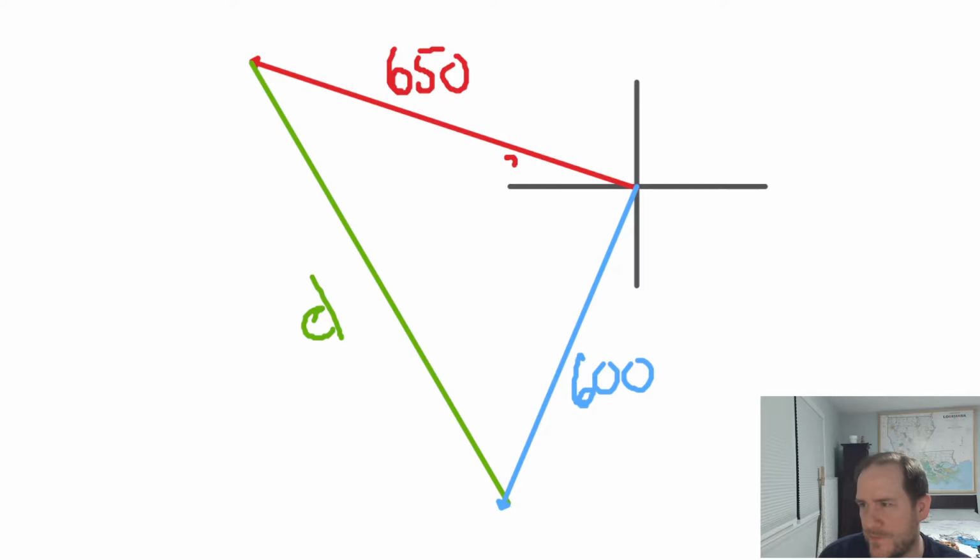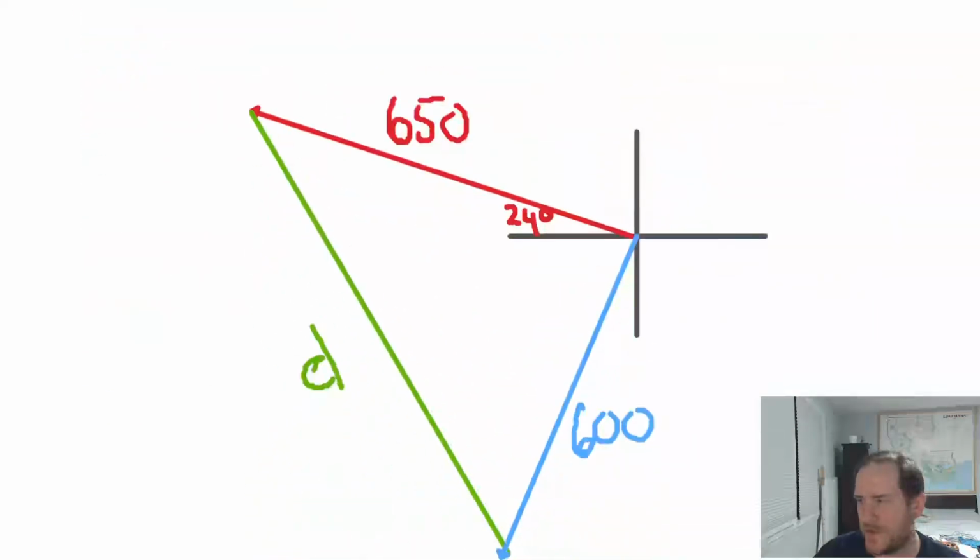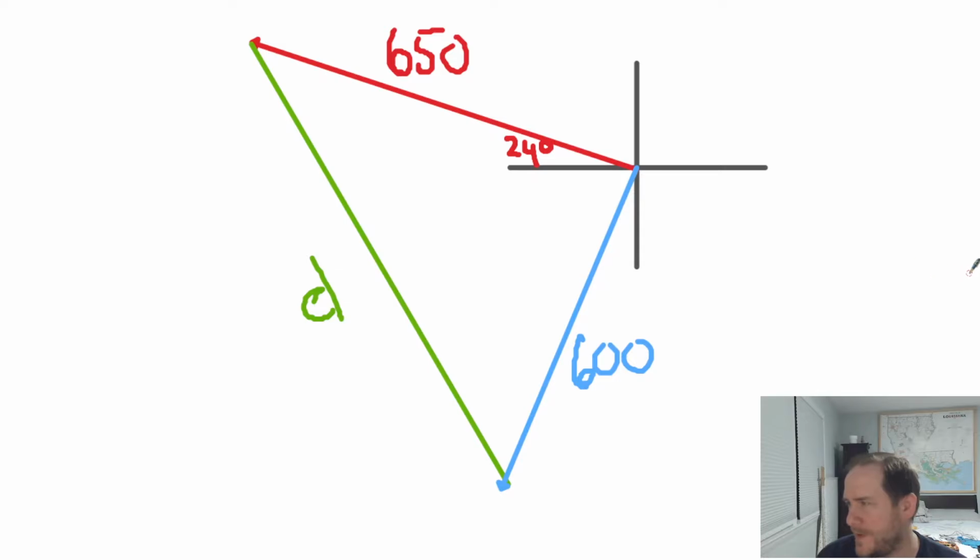We said that's 24. And the other one, I don't remember, was 206. So that was 26 degrees past the y-axis. So this was 26. Now notice I don't care about the 26 because I don't care about the angle formed by the blue and the gray. I want the angle formed by the red and the blue.